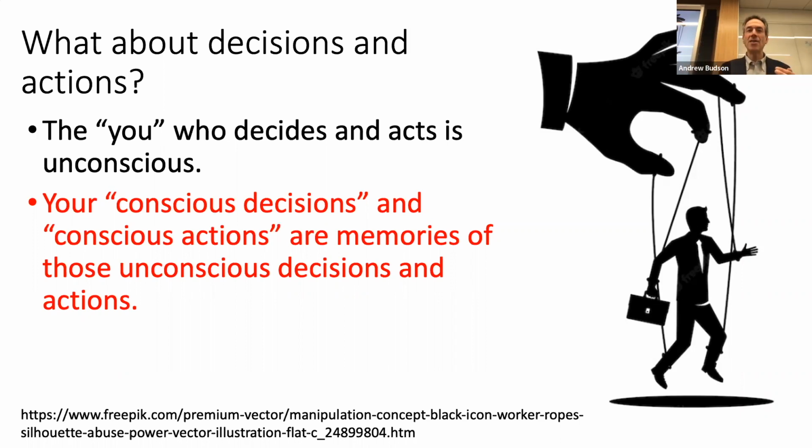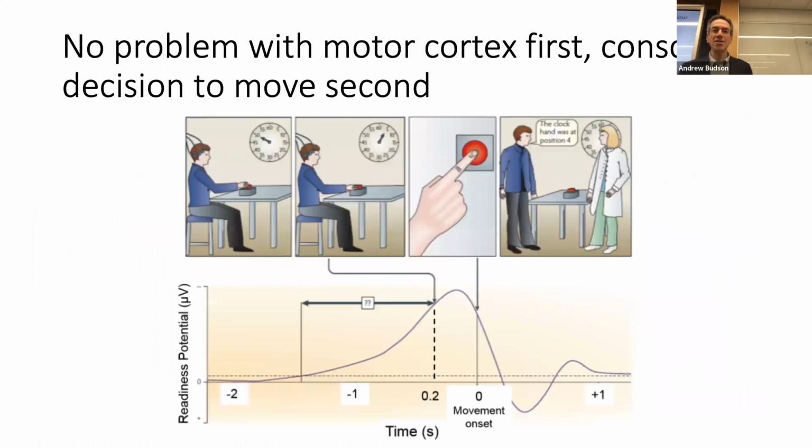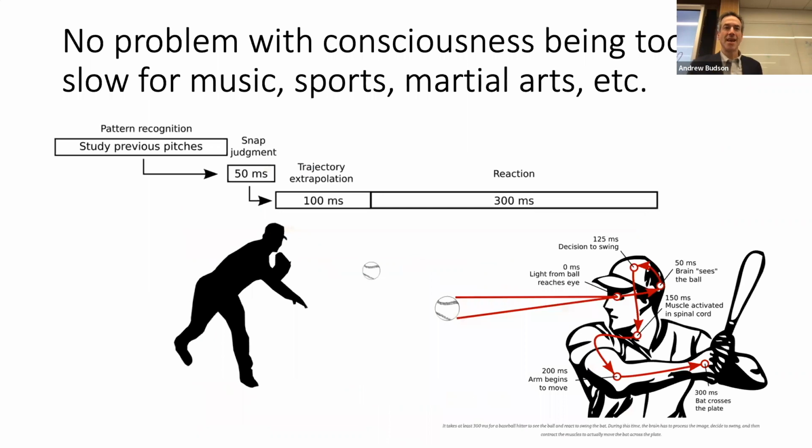And if that's the case, if you are remembering your conscious decisions, this explains the Libet experiment, where your preparing to move occurs earlier than your conscious decision to move, because your conscious decision to move is you remembering your unconscious decision. And this explains how all these sports and music events go on in real time. They're all happening unconsciously. And then we consciously remember that we did all these things.